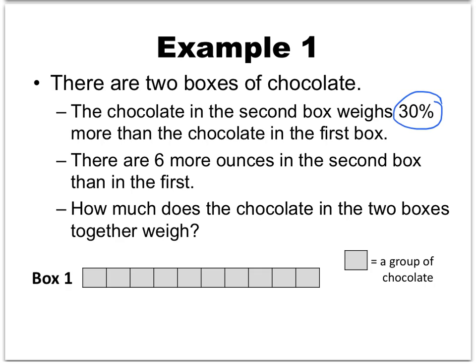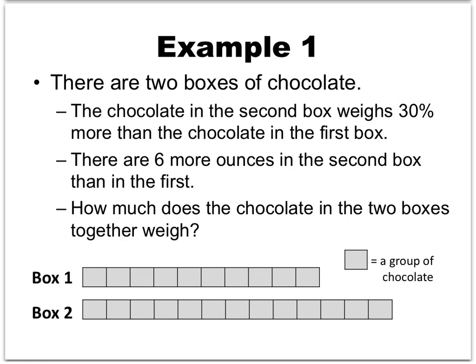And each one of those boxes represents a group of chocolates. I'm not going to call it a piece of chocolate because that group may be 2 or 3 or more pieces of chocolate. I don't know how many pieces of chocolate are in this box, but it represents a group of chocolate.